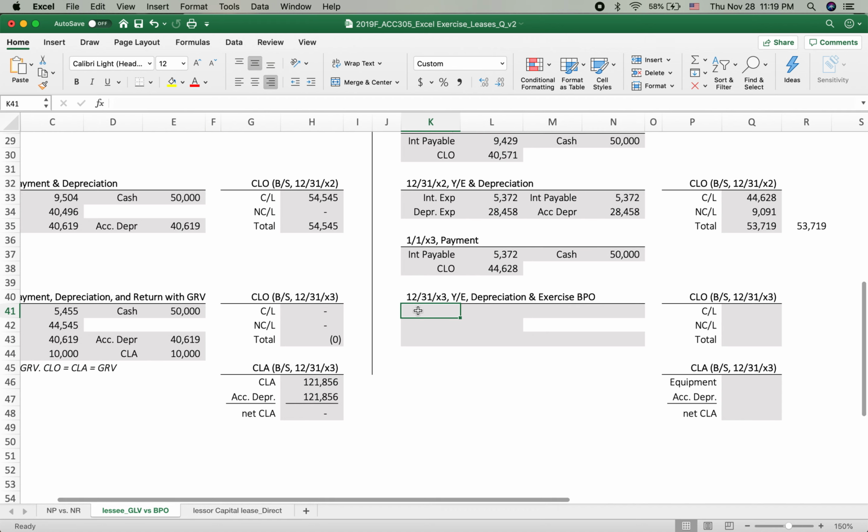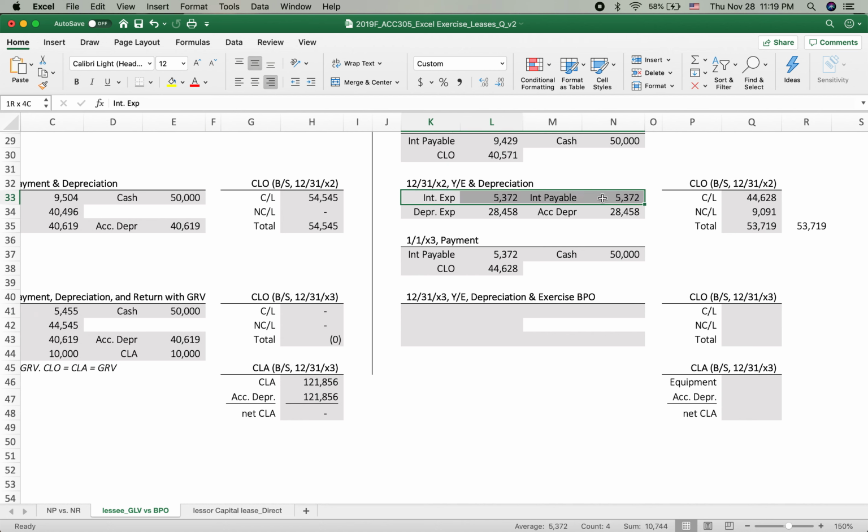Then let's finish up the final transaction. Interest expense we should recognize. Okay, and then the cash. Why do we put cash? Because there's no longer payment, because the third payment is done, right?